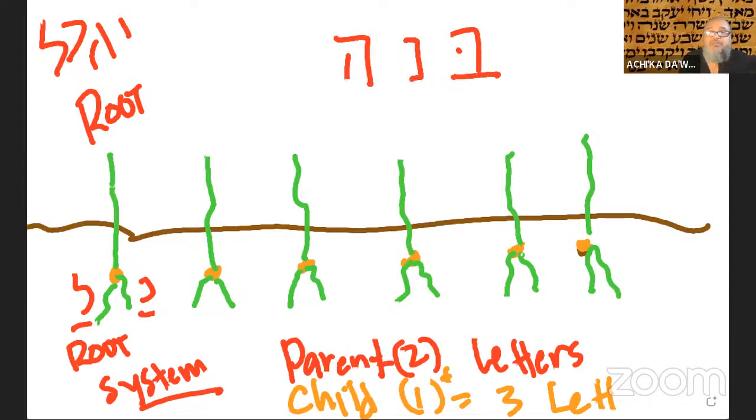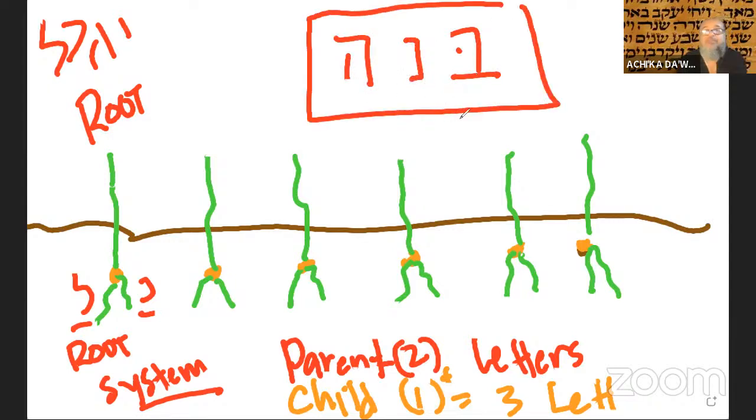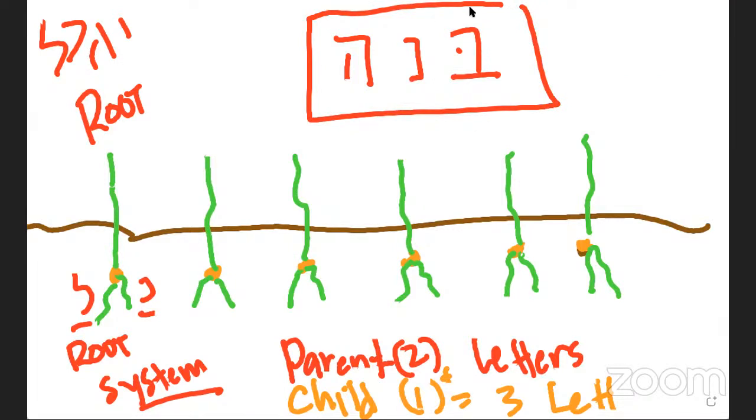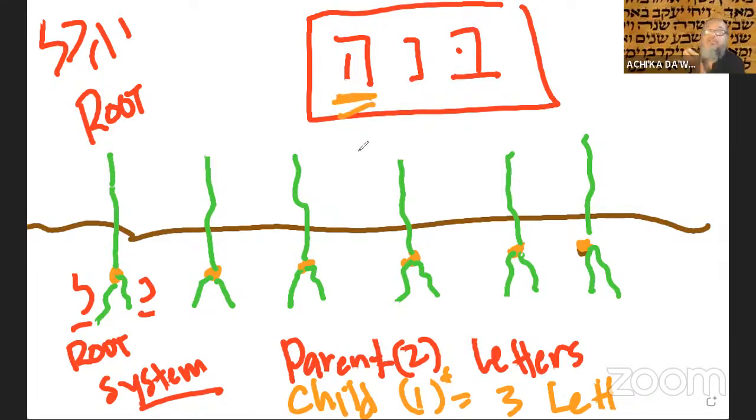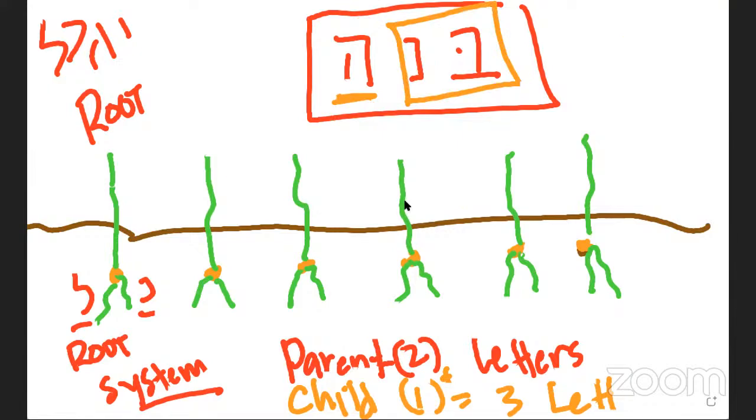Who's the child? Out of Hey. The hay. Perfect. That's the child. That is one of the legitimate children. You're absolutely correct. So if this is the child, then who is the root? Who's the parent? The bet and the noon. The bet and the noon.